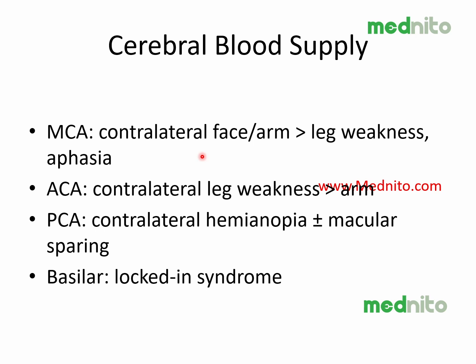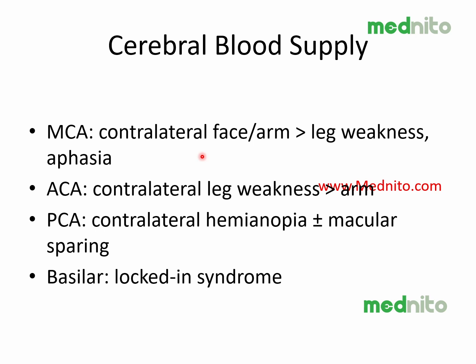I also want you to remember that there is a question in PLAB 1 mentioning that the patient is not able to move the upper limbs and lower limbs, the patient is bedridden, but the patient is able to follow the commands through the eyes and is able to follow the eye movements or finger movements.